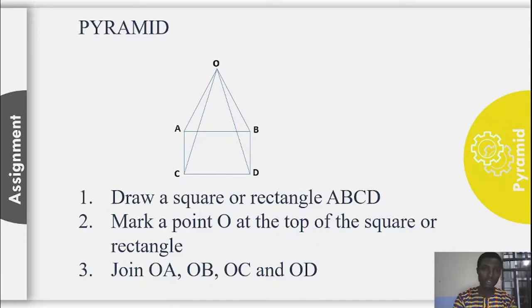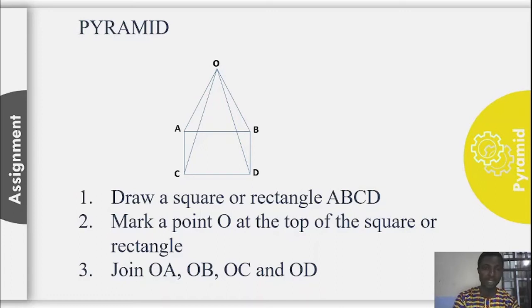Now, how do you draw the pyramid? First, draw the base. Draw the base, which is a square, or a rectangle, or even a parallelogram can be used to draw a pyramid.